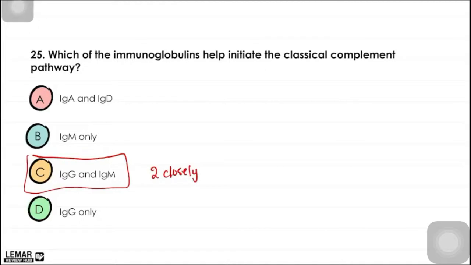C1 binds to the Fc region of two closely spaced IgG, yung dalawang magkatabing IgG, or one molecule of IgM.